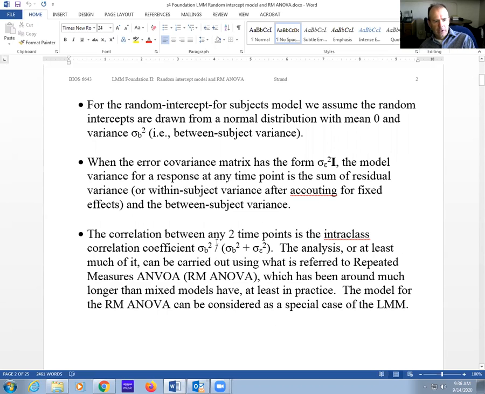And if you do the correlation version of it, the off diagonals are actually going to be sigma b squared over sigma b squared plus sigma epsilon squared, and that's actually the intraclass correlation coefficient, right? So the random intercept model yields some pretty intuitive quantities of interest.